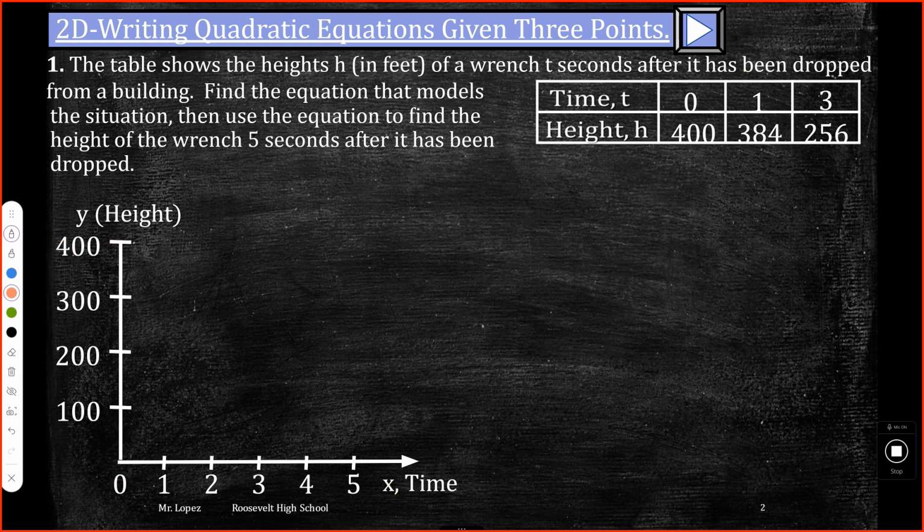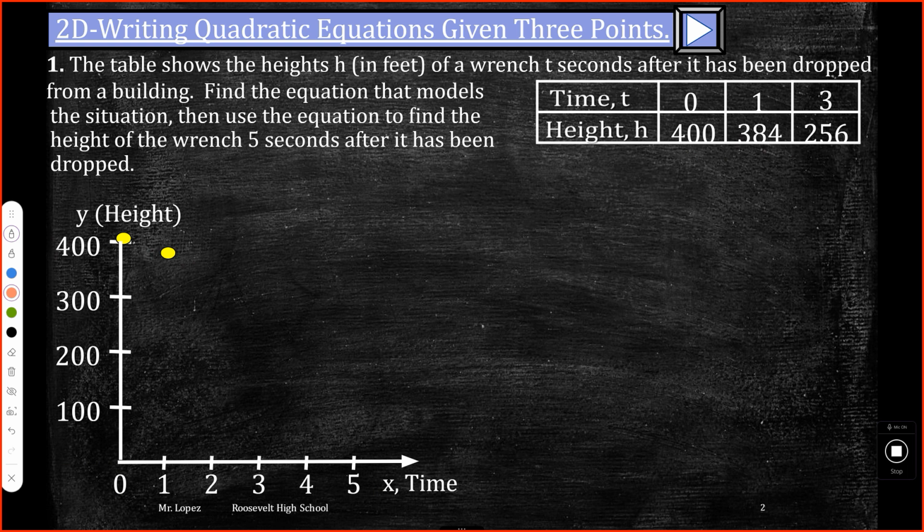So I'm going to assume that it follows a parabolic pattern, trajectory. So I'm going to use the standard form of a quadratic to find this. Why am I going to use the standard form? Because I'm given 3 points. And when you're given 3 points, we can use standard form.